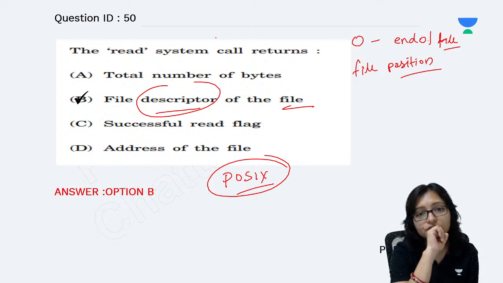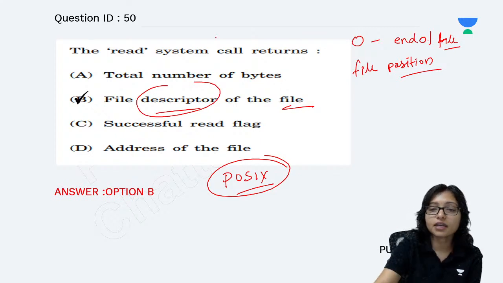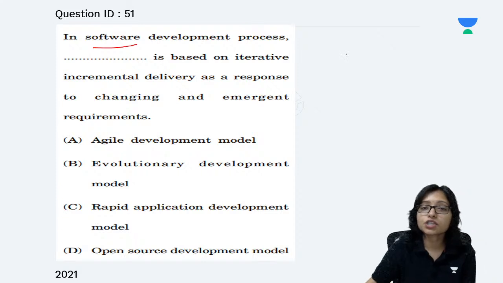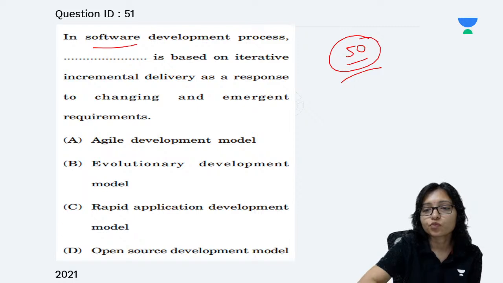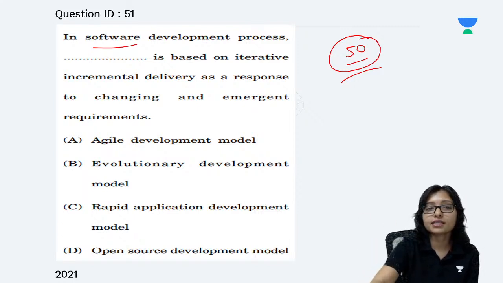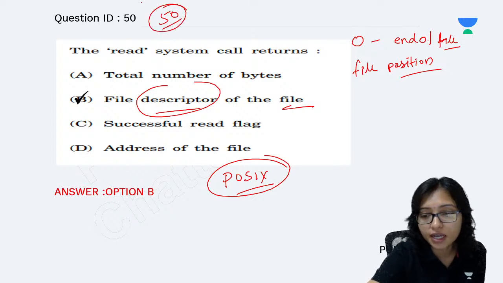Here also there is confusion: total number of bytes, file descriptor of the file, successful read. Is there any confusion in this? Question number 50, is there any confusion here? The read system call returns. Is there any confusion?